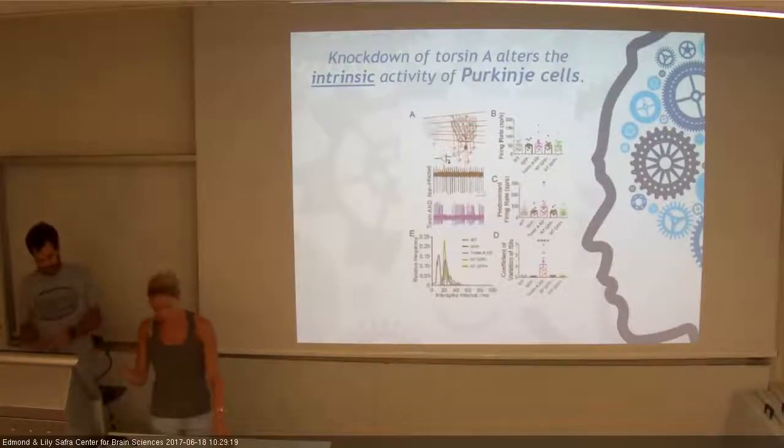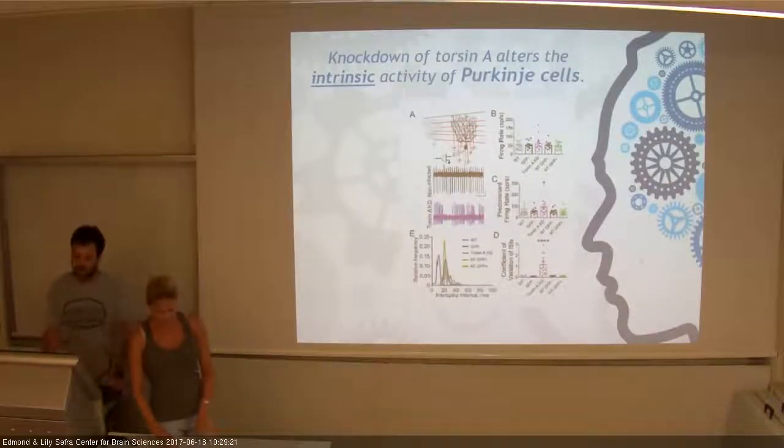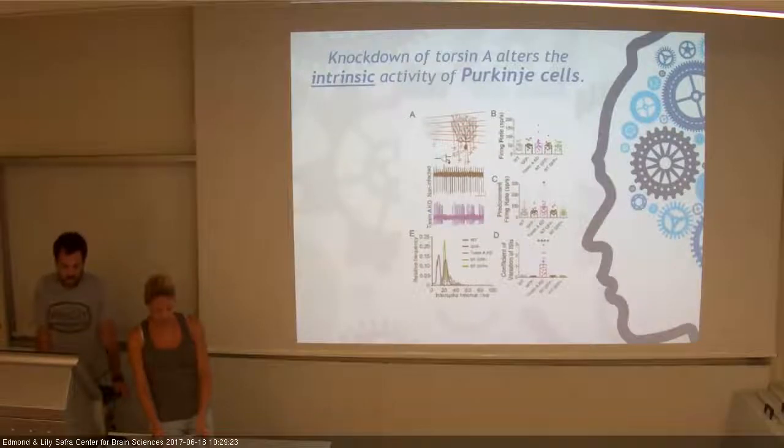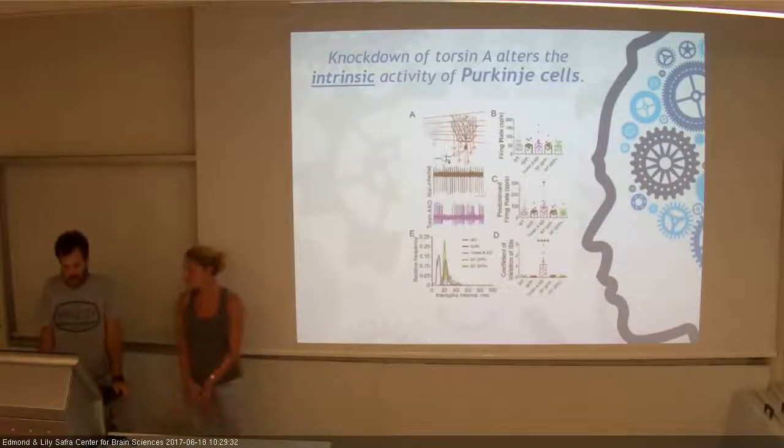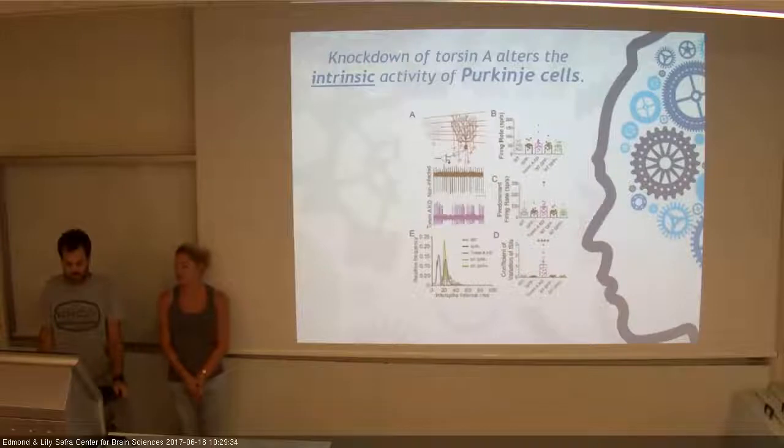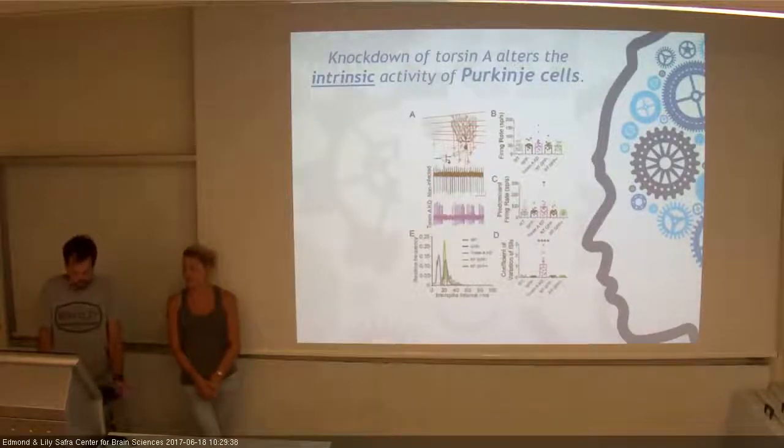So, the next thing that they wanted to look for is the intrinsic activity of those Purkinje cells and the DCN. They did pretty much the same methods, the same extracellular recording.